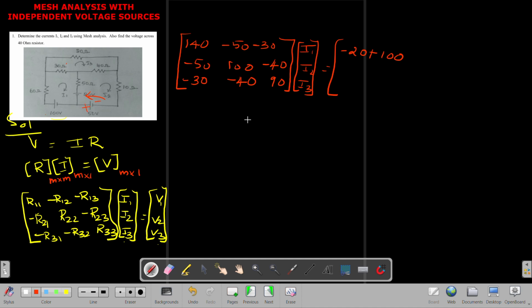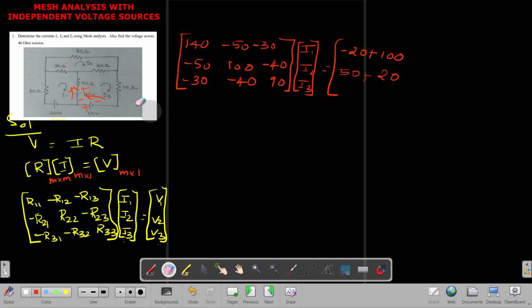Rise means we should take plus 50. Then in the 20 volt, the I2 current is going up, so it is also going from minus to plus. It is also a rise, so I should take plus 20. Is it clear?